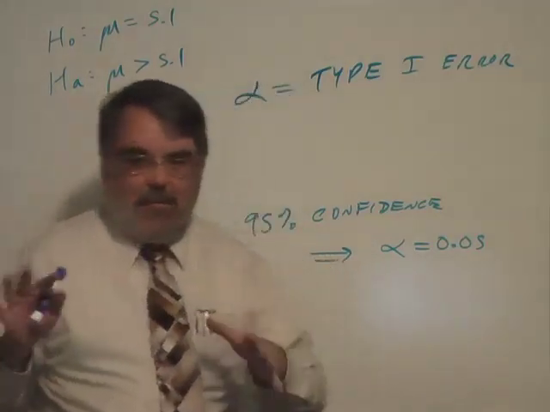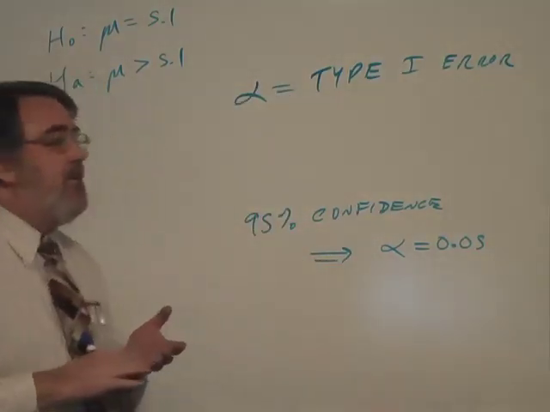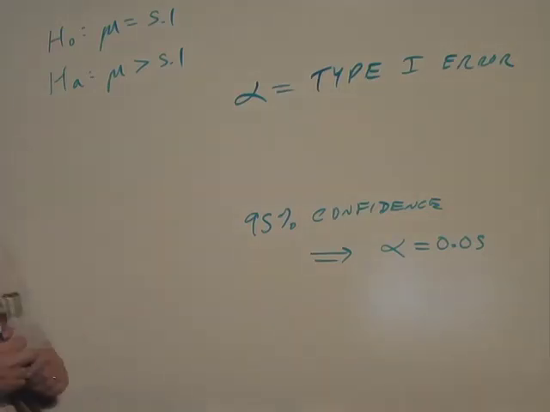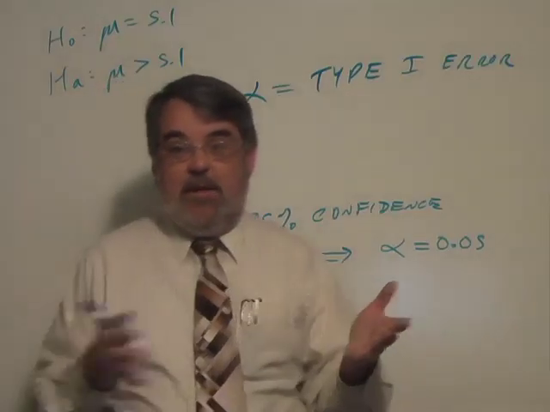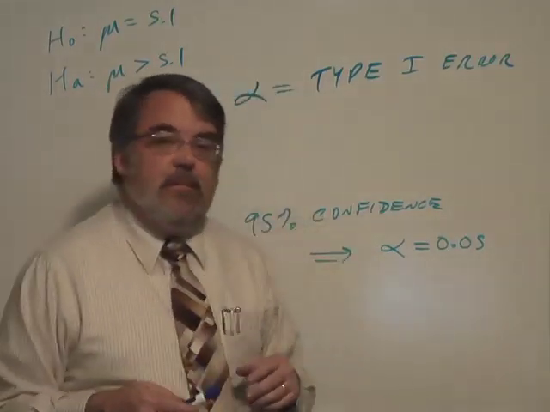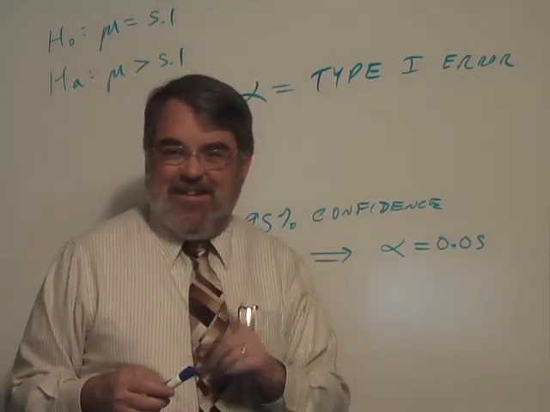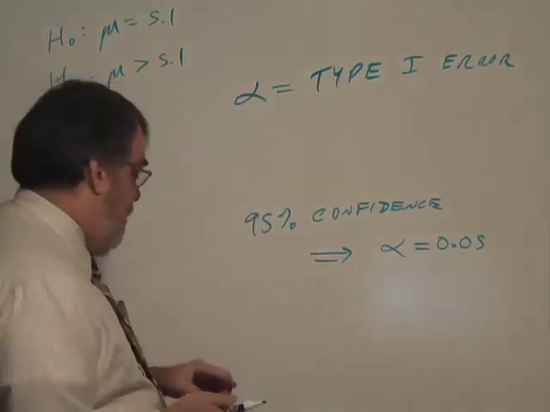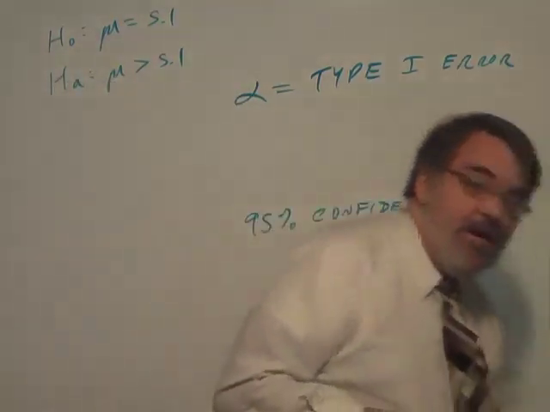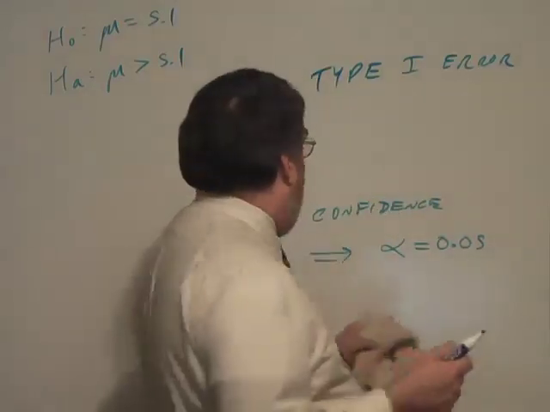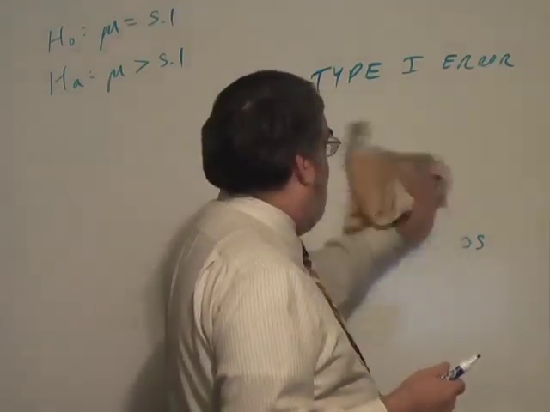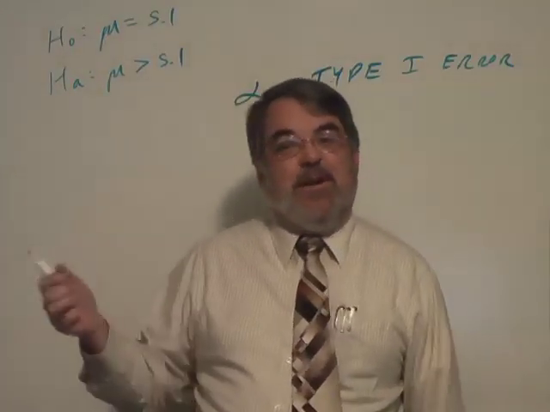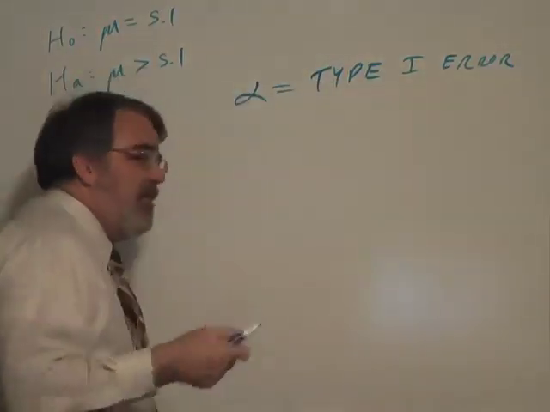Well, similar idea here, that the alpha represents the type 1 error. Now, did we see alpha in the last problem I just did? No. Yes, yes we did, but it was called the p-value. So the p-value is the amount of type 1 error. And you're probably thinking, well, why don't they just call type 1 error the p-value? Well, there's a reason for this.